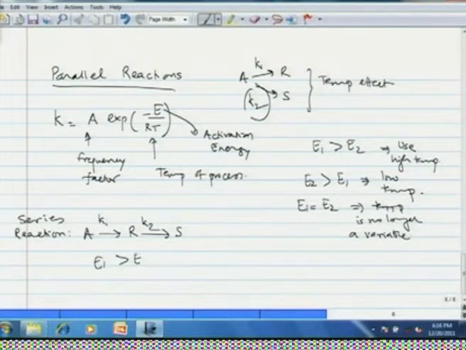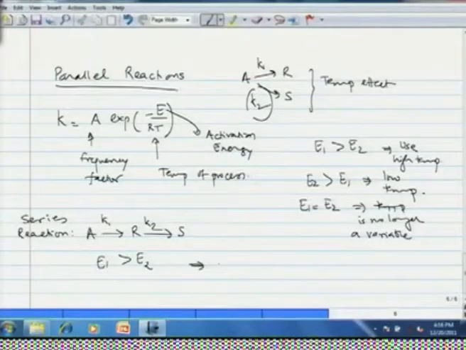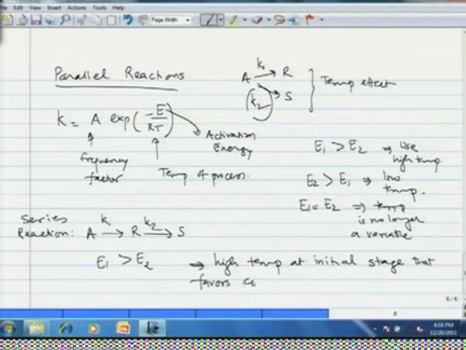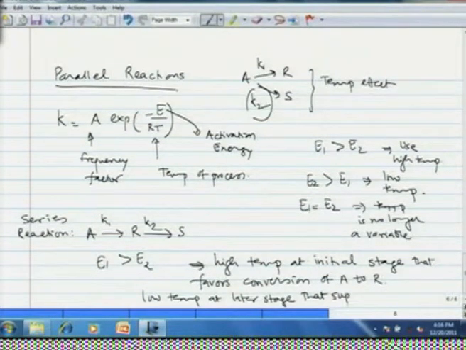If E1 is greater than E2, then we have to use higher temperature at the initial stage of the reaction, which will favor conversion of A to R, but lower temperature in the later stage of the reaction, which will suppress conversion of R to S. That point we note: high temperature at the initial stage or initial time favors conversion of A to R, and low temperature at a later stage suppresses R to S.